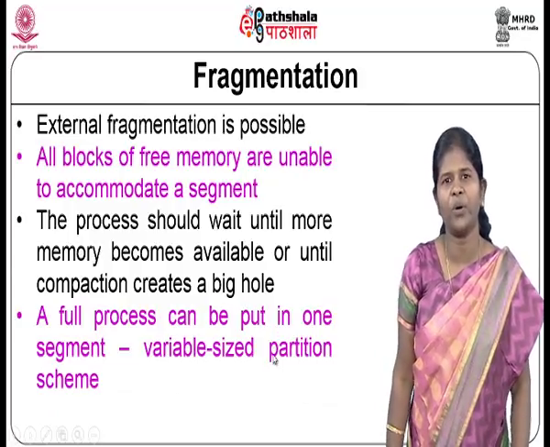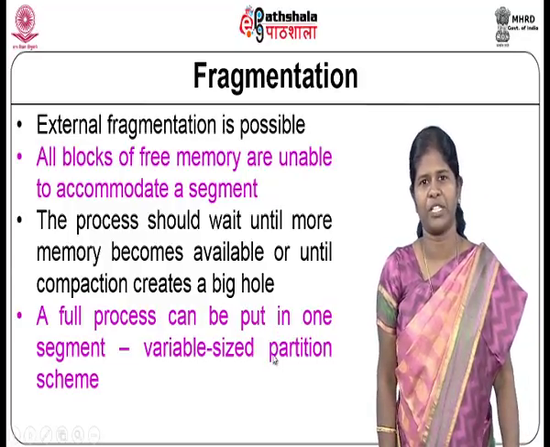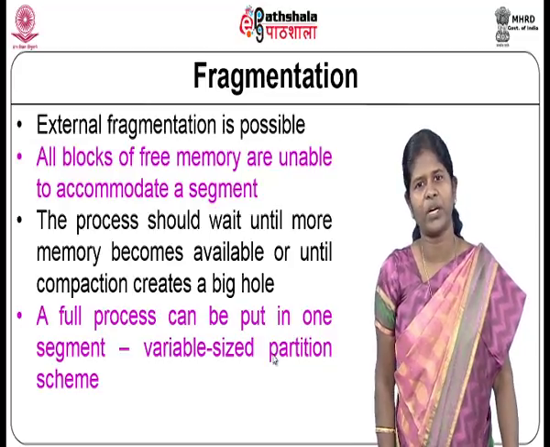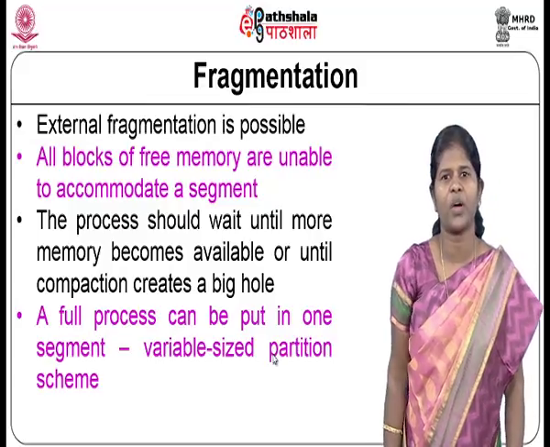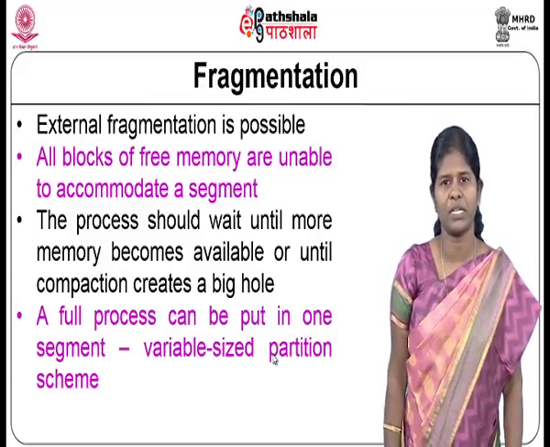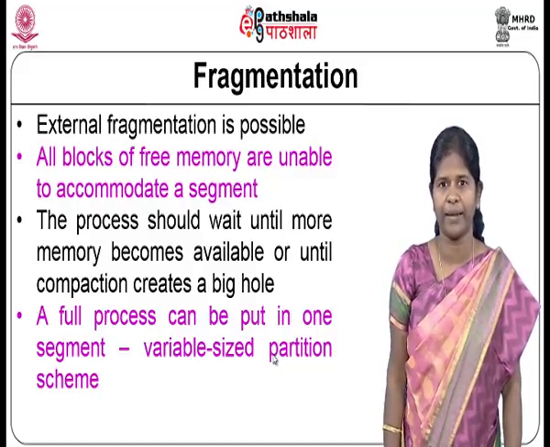So, how do you avoid this fragmentation? We can think about two extremes. One is to have a full process being considered as a single segment and put into a particular location continuously.